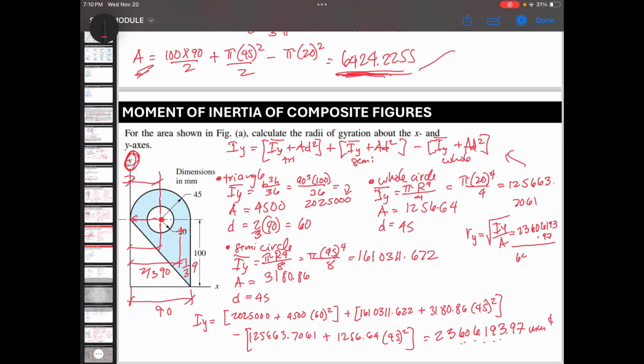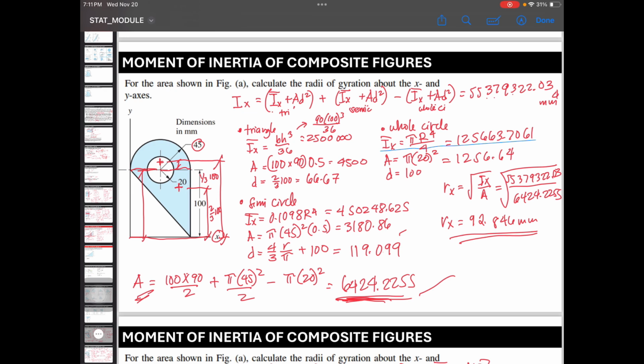Ito pa din yan, 6,424.2255. Hindi ko nalagay yung square root, no? Square root yan. So, our Ry is 60.62 mm. Okay, same naman sa book. So, see you on Monday.